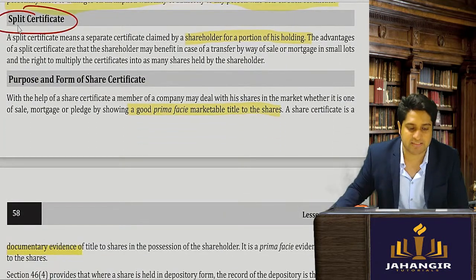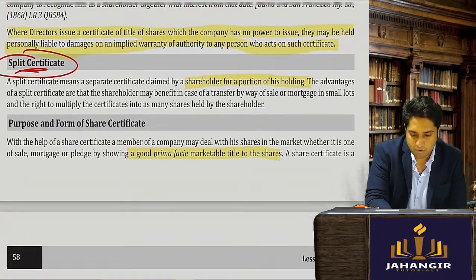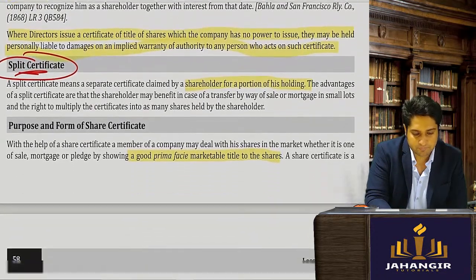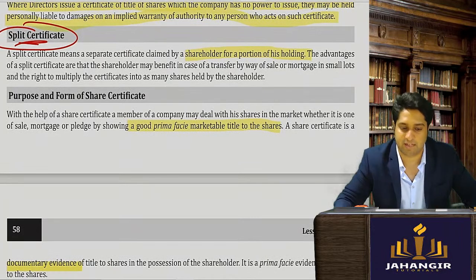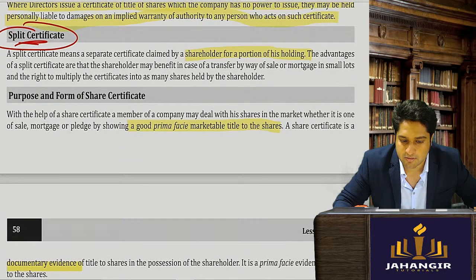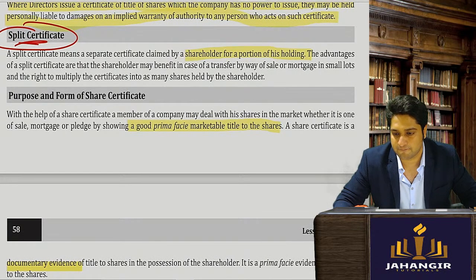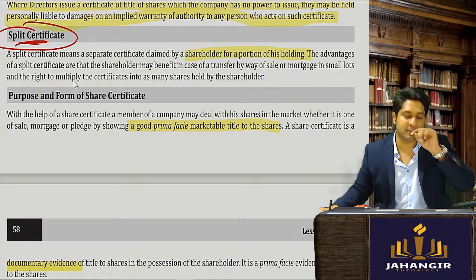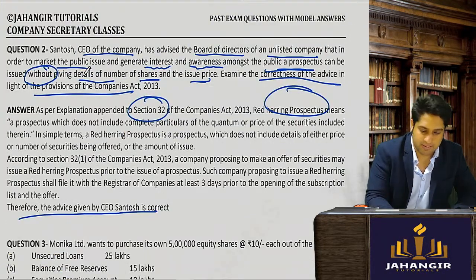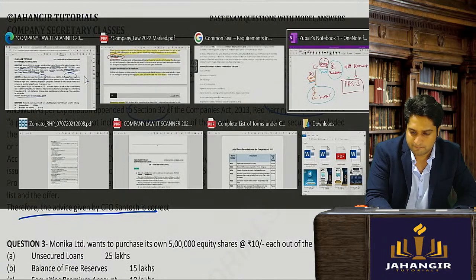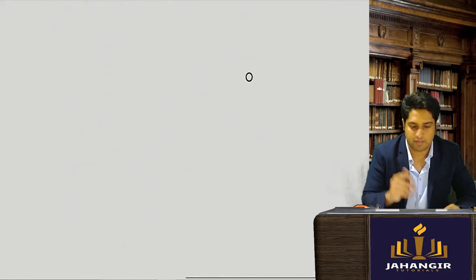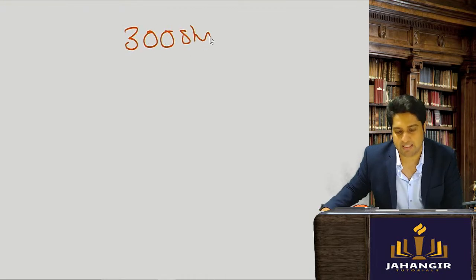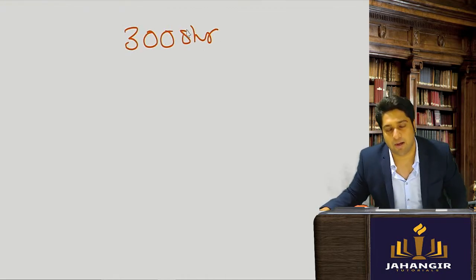Next, coming to split certificate. What do you mean by the term split certificate? Any idea? Very good. So split certificate, let me explain. For that you need to know a concept. Let's say I have subscribed to 300 shares at one go.